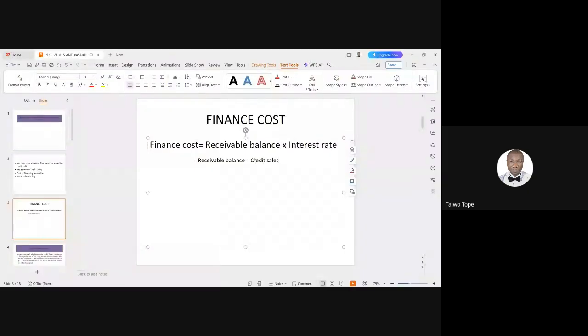Credit sales multiplied by what? Your receivable days, divided by what? The number of days given in the year. Some questions will give you 360 days, some will give you 365 days. So don't come up with your own.